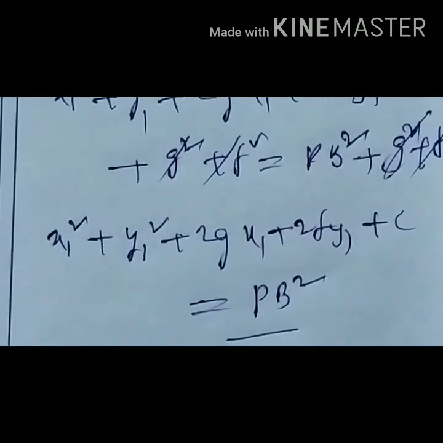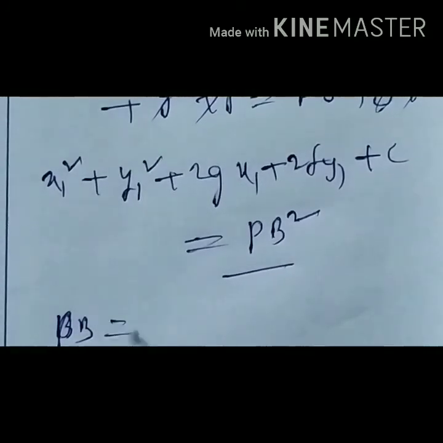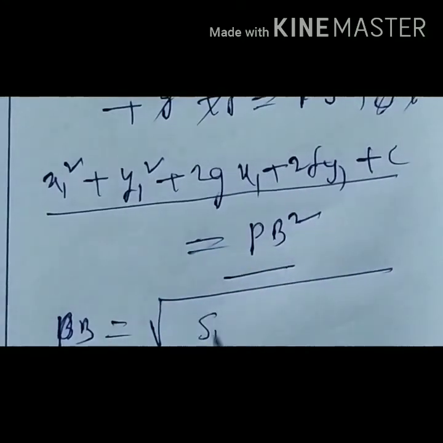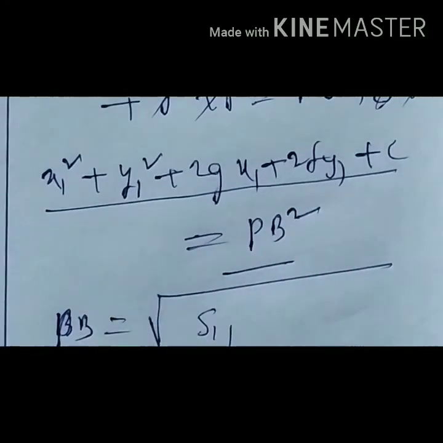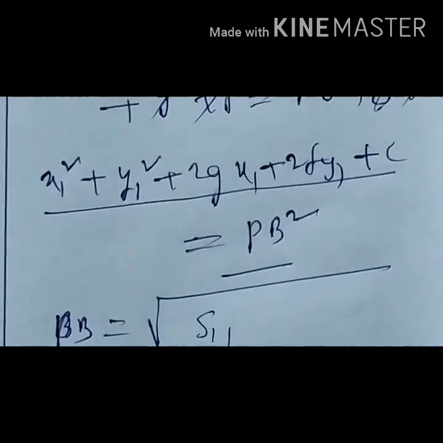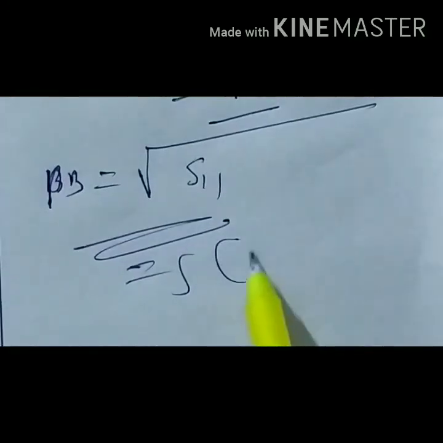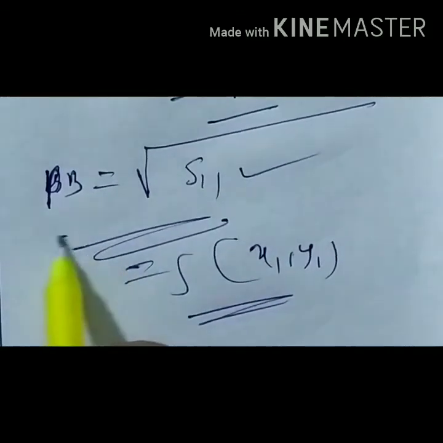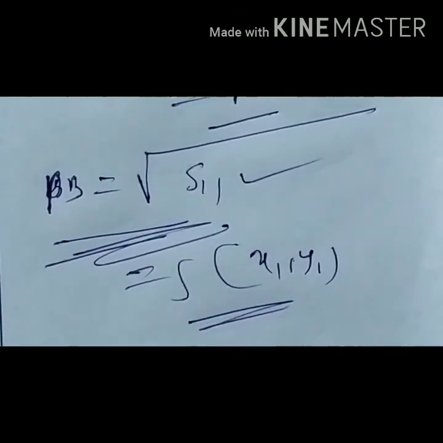This is PB², but we need PB. Therefore PB is equal to the square root of this, which is nothing but S11, that is S evaluated at (x1, y1). Therefore the length of the tangent is equal to root S11. This is the result.